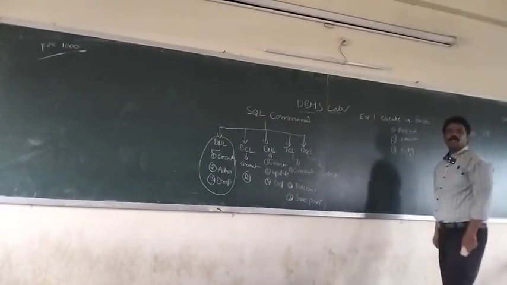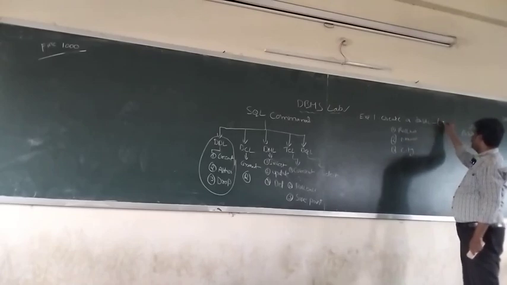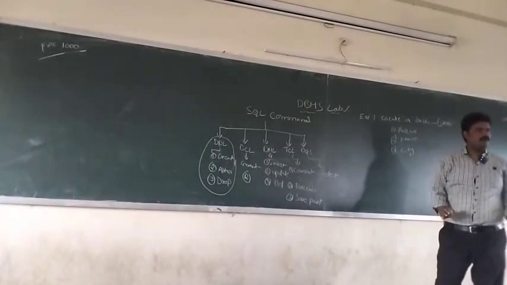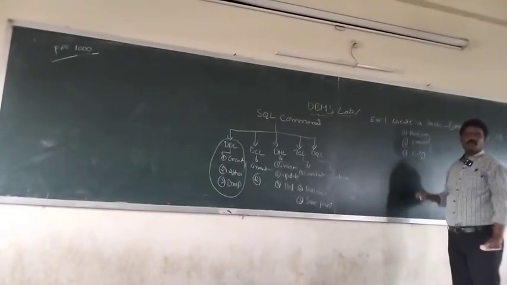The table name is CIE B. We want to create a table with these 3 attributes.